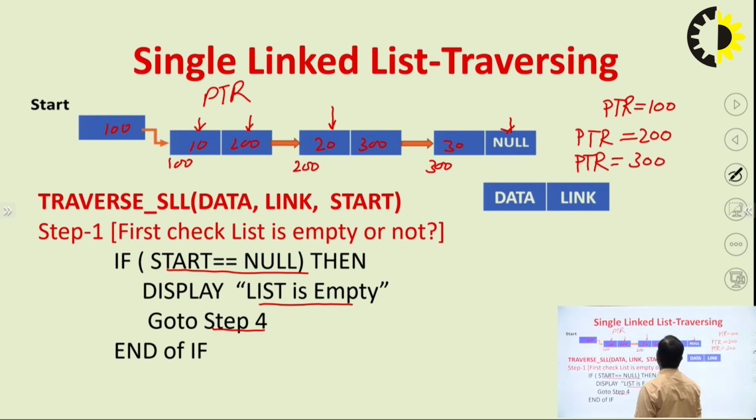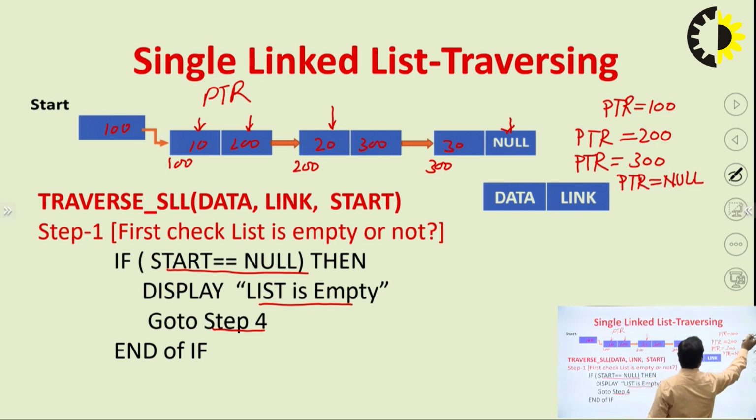Now we will display the information inside the third node. Now again we will update the PTR. Now PTR will contain PTR next, 300 next means null. That means what will be the terminating condition for updating PTR? Update the PTR until we get the null pointer in the temporary pointer field.